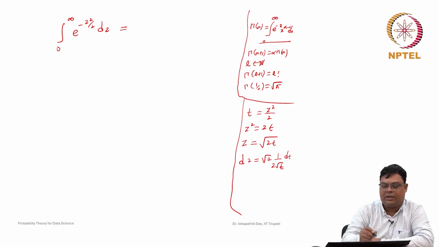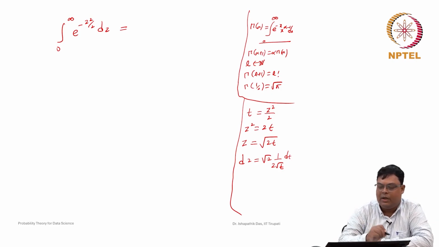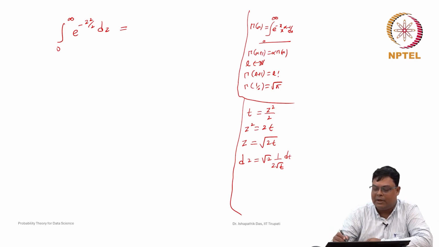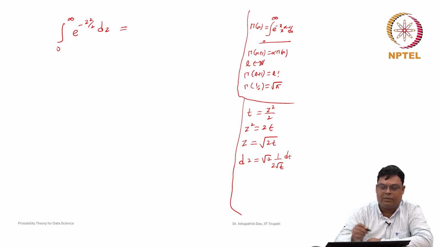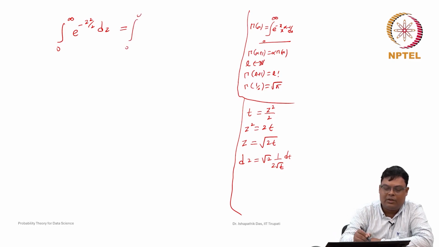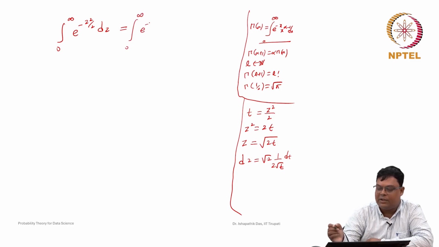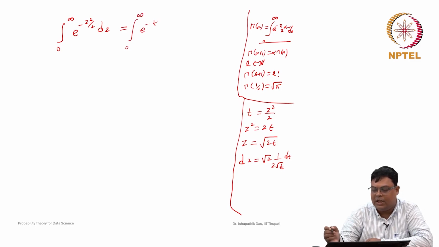Then we will see what we get, and also what the limits are. Whenever z goes to 0, t goes to 0, and whenever z goes to infinity, t goes to infinity. So the limits do not change. So it is integral from 0 to infinity of e to the power of minus t, and then this is dz.